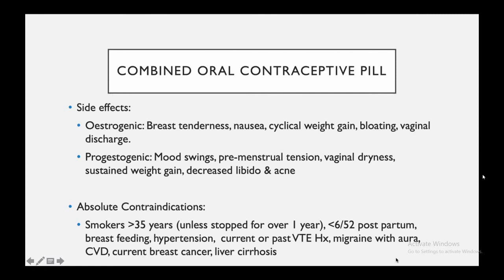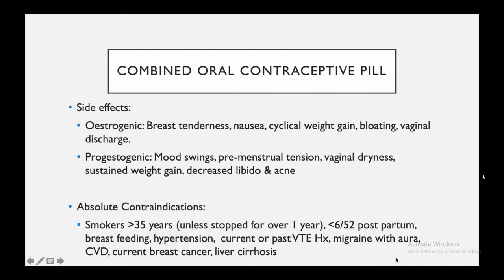So absolute contraindications for combined oral contraceptive methods include smokers greater than 35 years old, less than 6 weeks postpartum if they're breastfeeding, and hypertension, and that's why it's important to take a blood pressure.